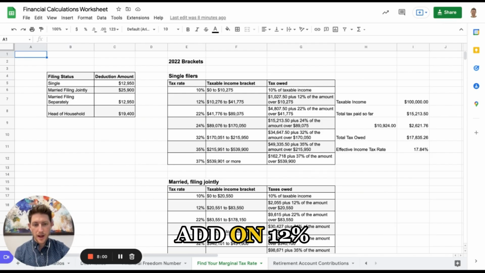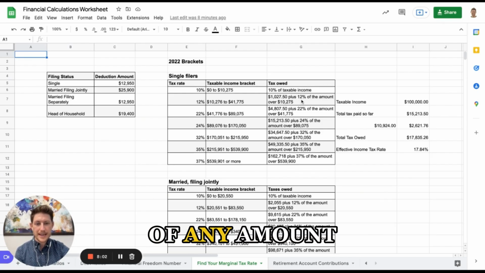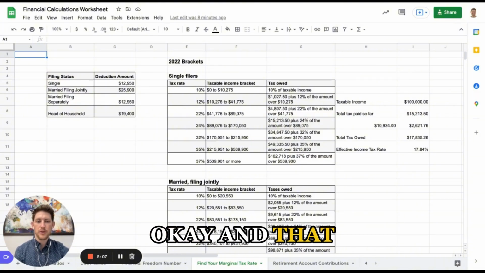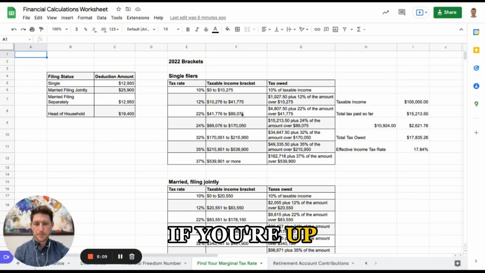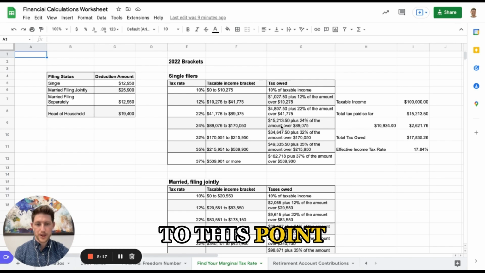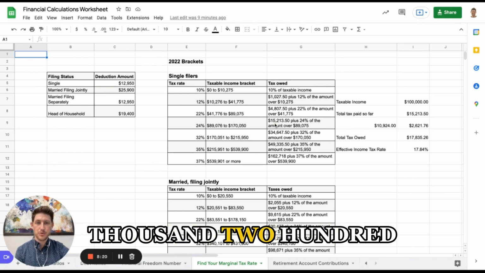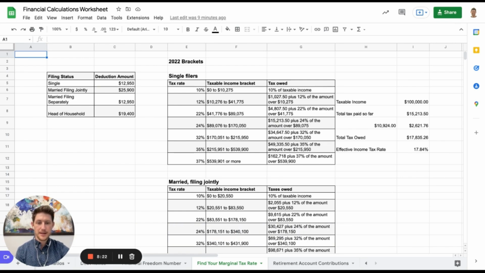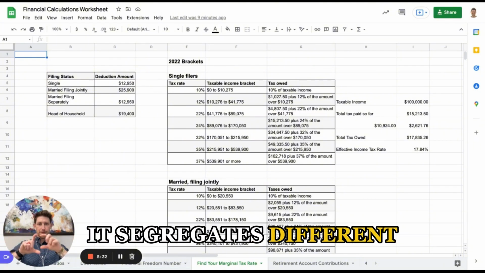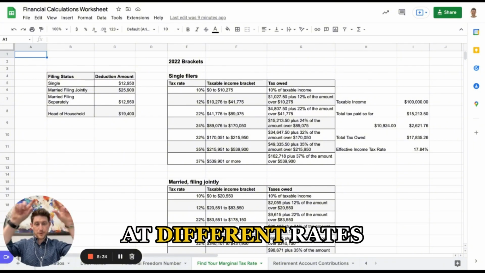And then you add on 12% of any amount over $10,275, and that would be your total tax owed. If you're up in this bracket, then all of these brackets put together so far, up to this point, you owe $15,213.50 plus 24% of any amount over this. Okay, does that make sense? So it's graduated. It segregates different portions of your income and taxes them at different rates.